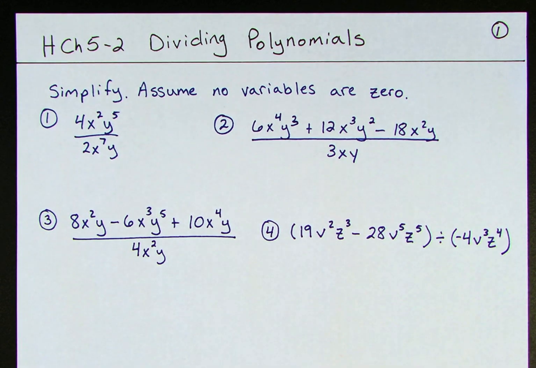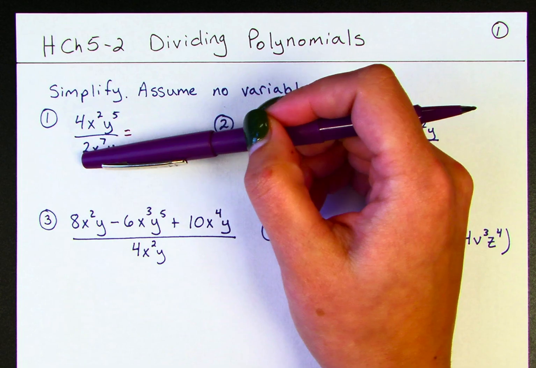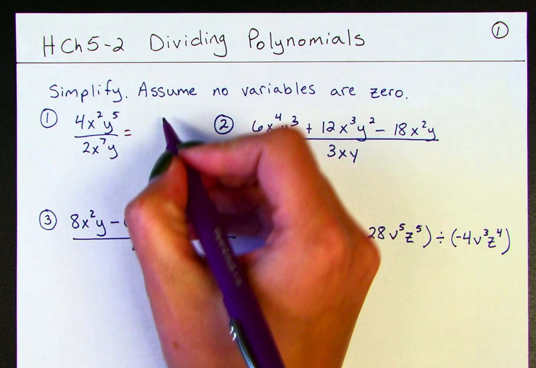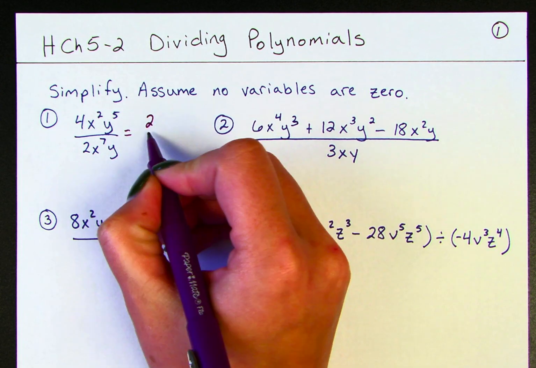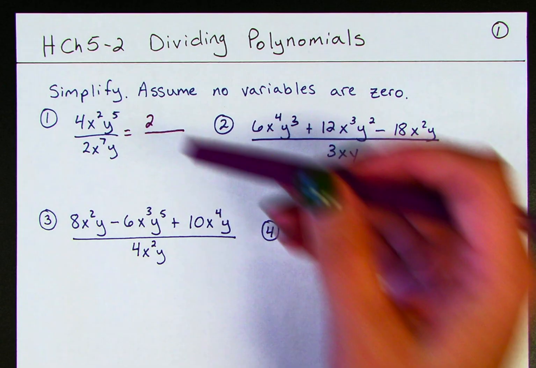Okay. So as we look at problem 1, this is a review of what we did in our previous section. So as I'm looking at this, to simplify, 4 divided by 2 is 2. So that means I will have a 2 in the numerator, and then technically there's a 1 in the denominator, but I'm not going to write it. And then if they have the same base, we are subtracting the exponents.